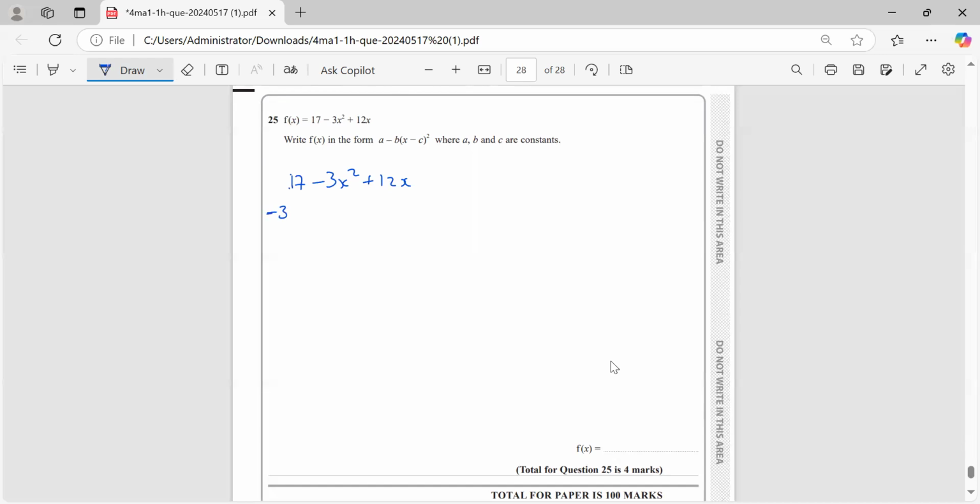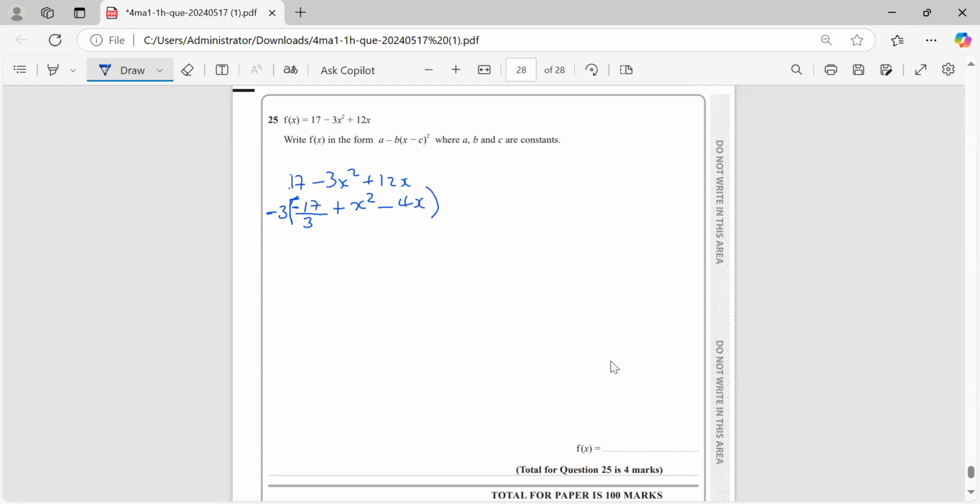If I factor out minus 3, I'm going to come up with negative 17 over 3 plus x squared minus 4x.